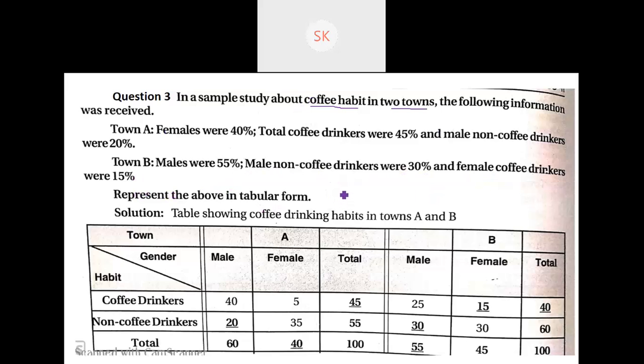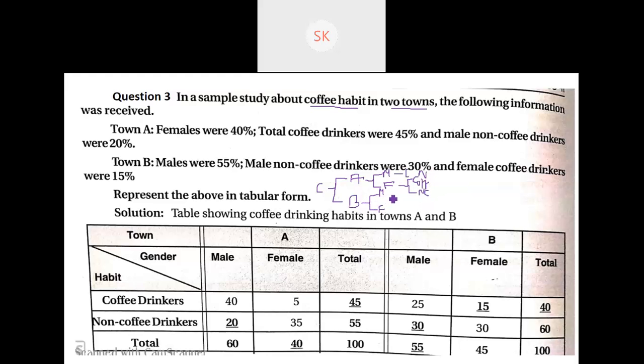Let's simplify them. They have given us two towns, A and B. The main classification is coffee drinkers. In these two towns, they have classified based on gender, male and female in A, and again male and female in B. After this, each of them is again divided into coffee drinkers and non-coffee drinkers: male coffee drinkers, non-coffee drinkers, female coffee drinkers, non-coffee drinkers.